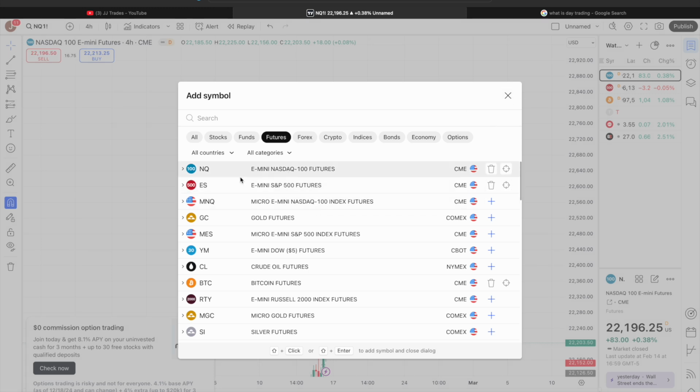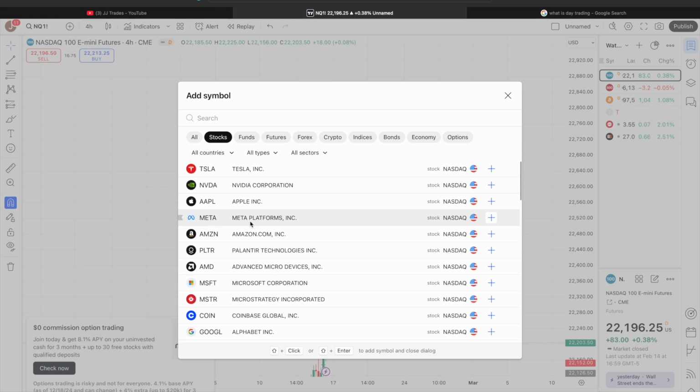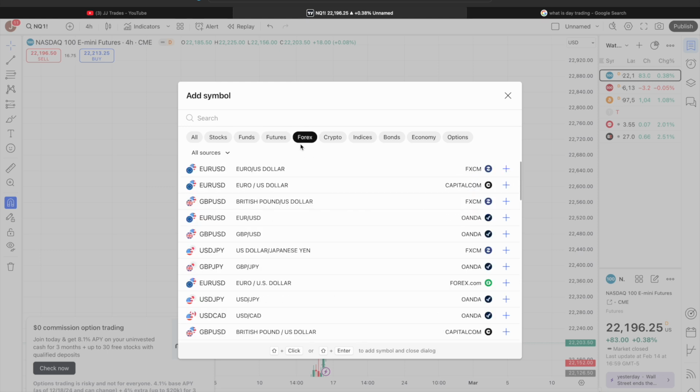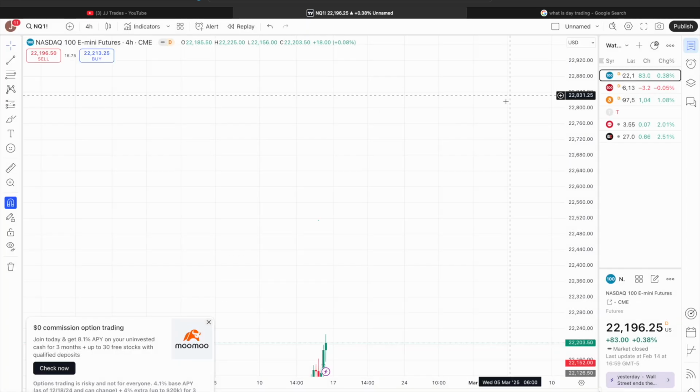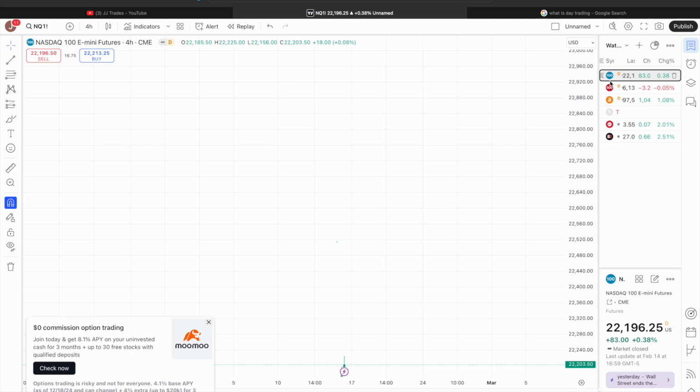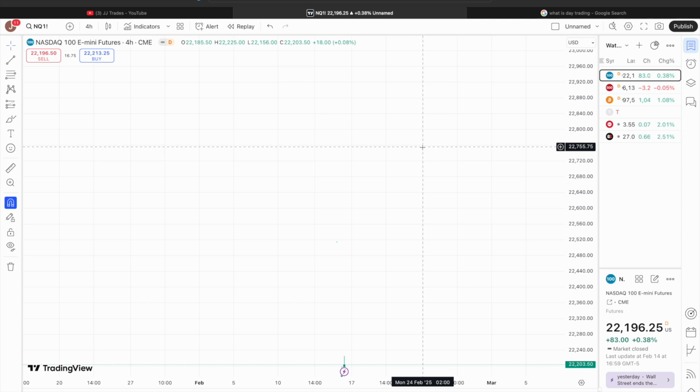For example, the same S&P I'm trading here, they're going to be trading on Wall Street. But if I go to a stock, the price might differ a little bit. So that's why I like to use futures. Forex are also good, but I like to trade futures. Futures are basically just the future chart of certain indexes, like Nasdaq and the S&P 500.